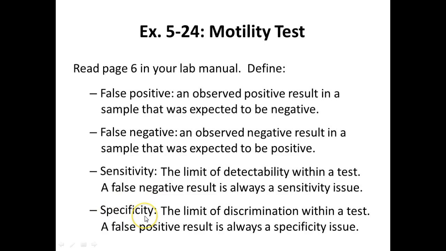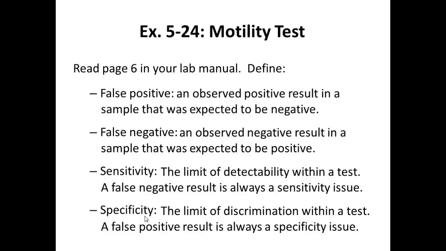But most of the tests that we'll run in this lab are pretty specific, but there are some that we'll talk about where they have limits in their specificity, right? Where depending on how you perform the test, you may be detecting the presence of something else than what you think you're detecting. Okay? Make sense? Okay.